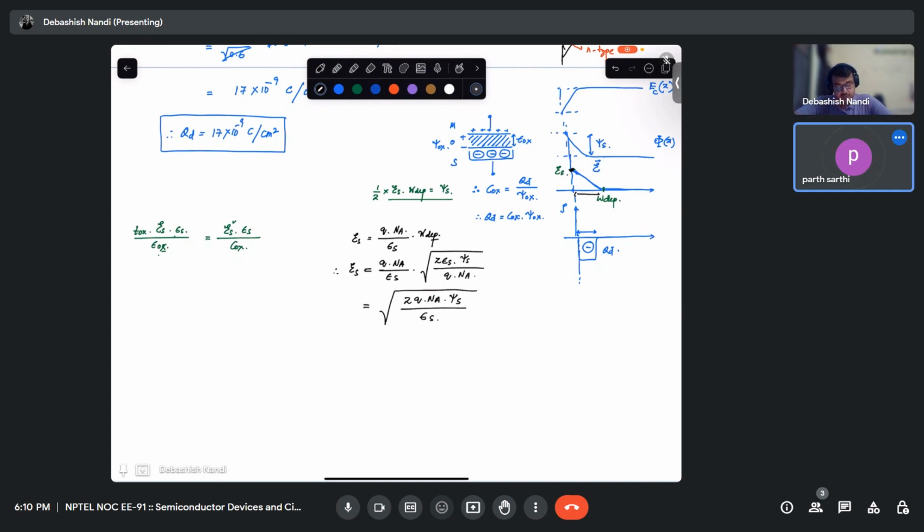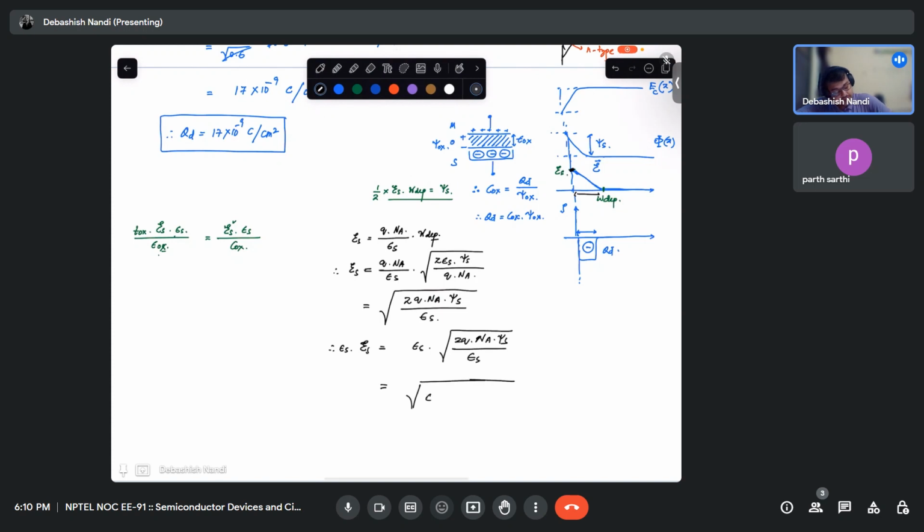Yes, sir. Now, if I multiply epsilon s with Es, so 2 Q Na times psi s over epsilon s, that will give me nothing but this quantity, root over 2 epsilon s times Q times Na times psi s. Fine.